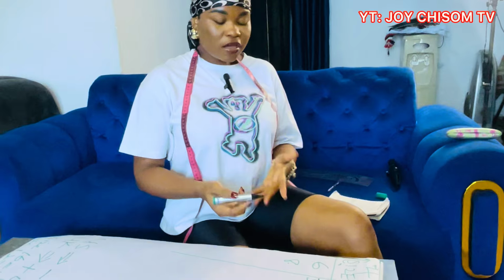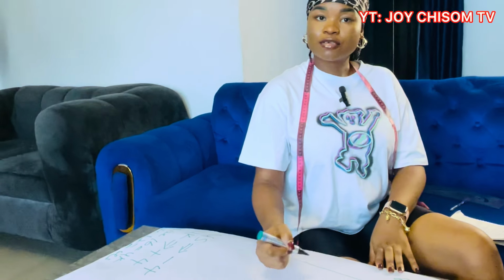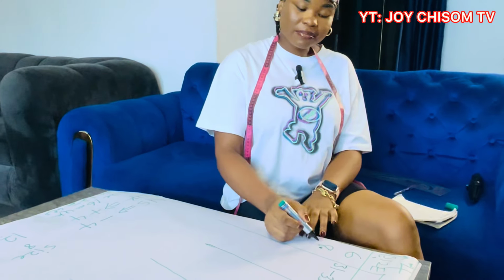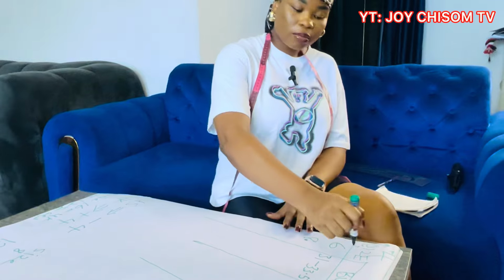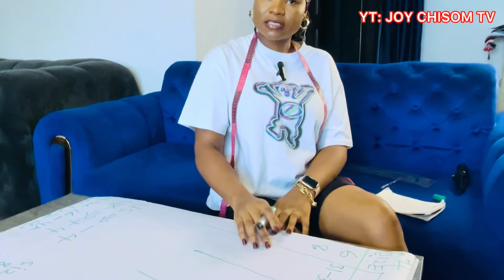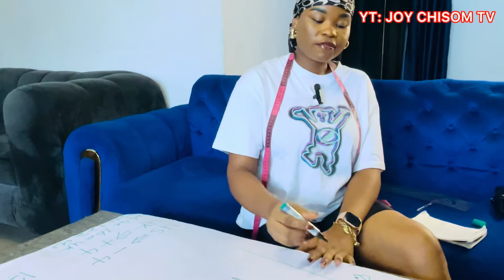It's from this size that you now decide if you want to call it size US or size UK, depending on what you want to do. If you want size UK from 8, you can use this chart. If you want the same size for US, you have to come down to get the US size for this chart, if that makes sense.